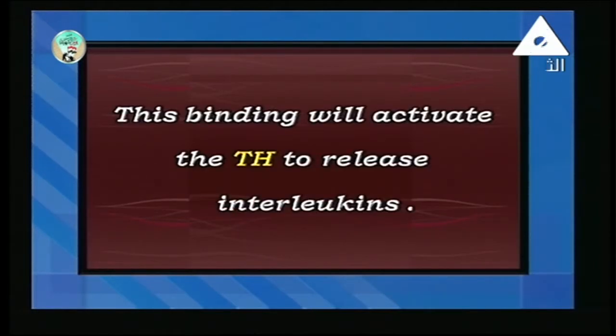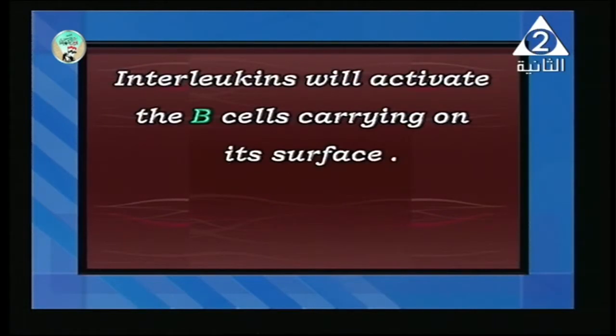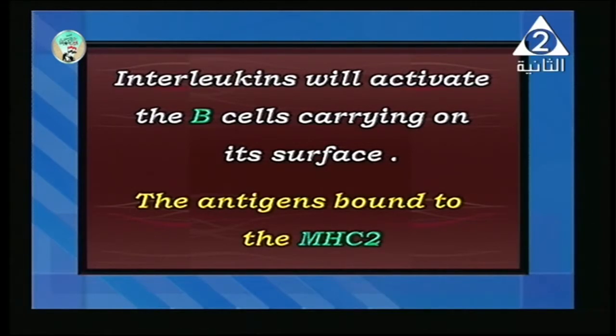This binding activates the helper T cells to release the interleukins, okay? And the interleukins will activate the B cells carrying on their surface the antigens bound to the what? The major histocompatibility complex.